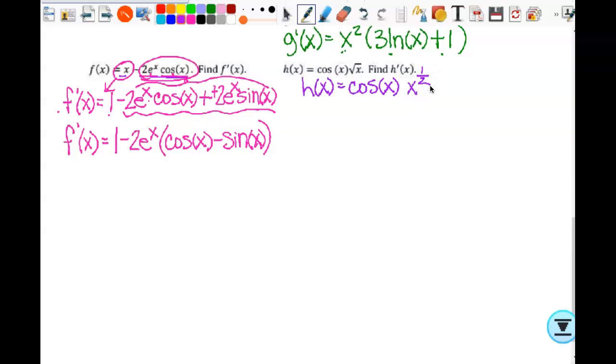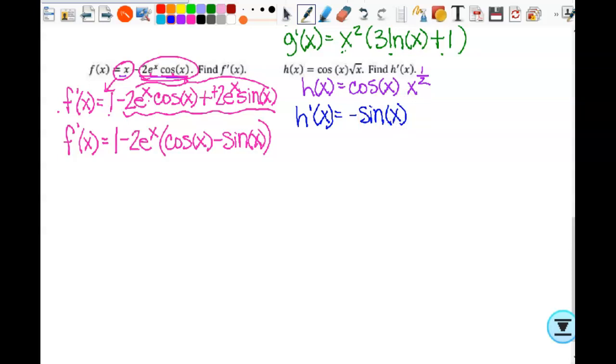Okay, so then h prime of X equals. And I don't have any other terms, right? It's just all one big term. So the first thing, I take the derivative of the first. What's the derivative of cosine? Negative sine. So negative sine of X times the second.